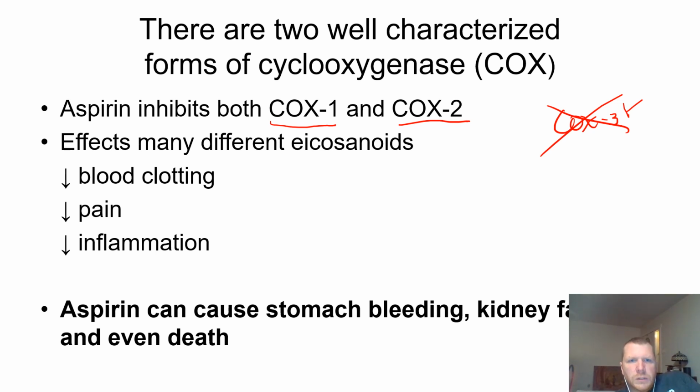So the point is, with these enzymes, whenever you inhibit them, you're going to reduce blood clotting, you're going to reduce pain, you're going to reduce inflammation, and that's all good and well. Aspirin is very effective for doing those things, but it can cause stomach bleeding, kidney failure, and sometimes it can even be fatal. At any rate, this is kind of a potpourri section of fatty acid synthesis.